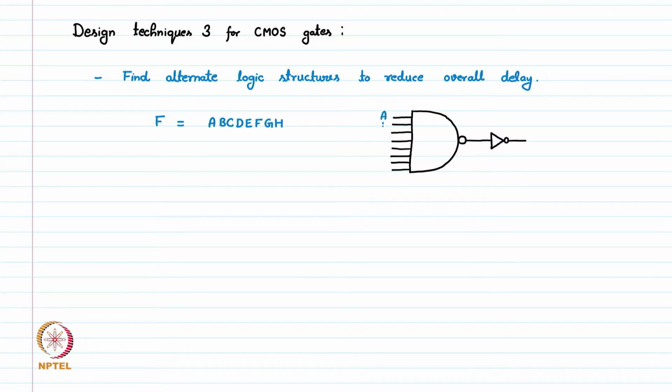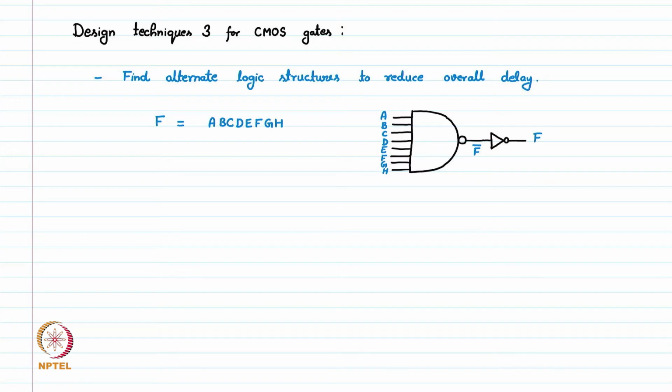Signals are here: A, B, C, D, E, F, G, H. All these signals are applied here, input of the NAND gate. So here you will get F bar, and after this inverter we are producing here the function F.